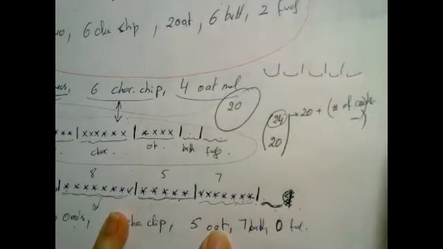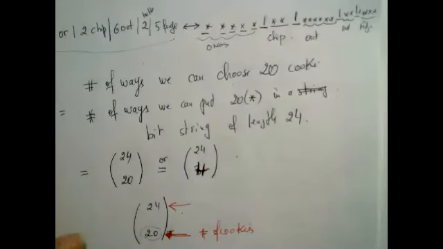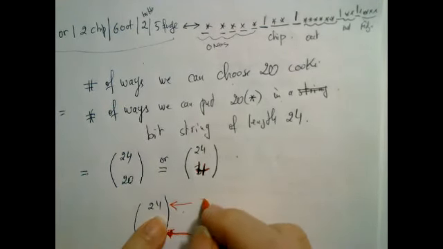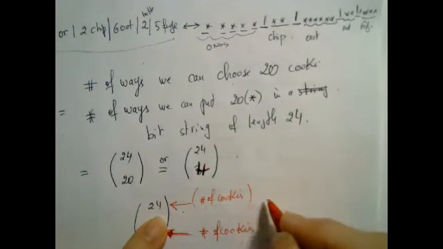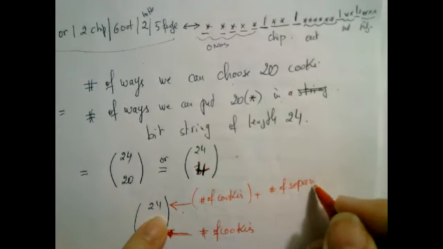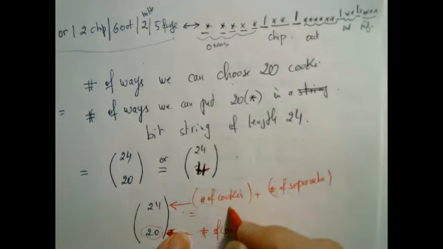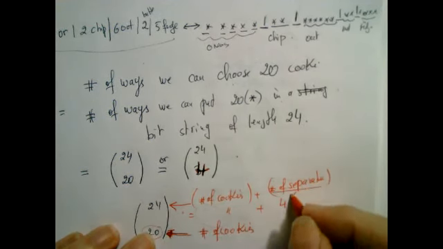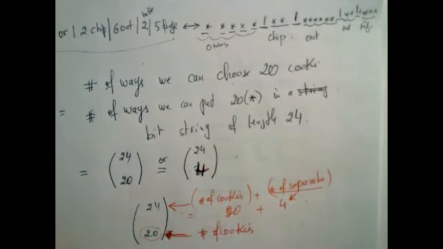Because I have 5, I don't need 5 separators between them. But how many separators do we have? We have 5 categories, so we need 4 of them to be able to separate the 5 categories. So it's going to be equal to 20 plus 4.